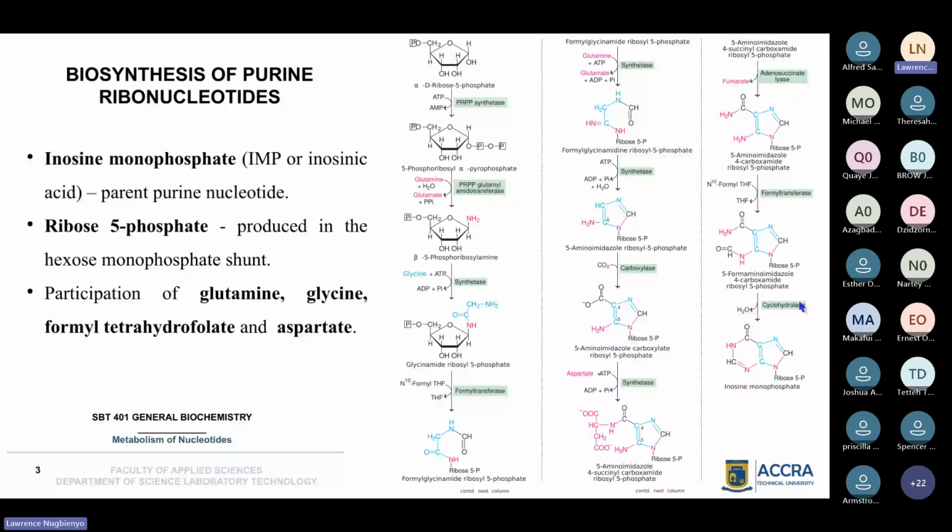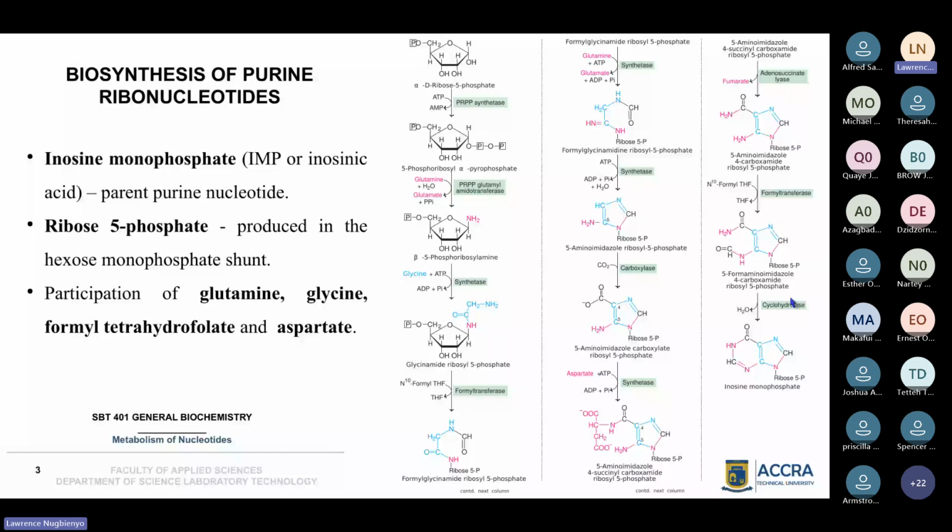For the reactions themselves, those of you who don't have so much difficulty can just look at the colors of the names of these compounds that are participating in the synthesis and correspond to the parts of the ring that are formed with those colors, and tell that this component is coming from glycine, this component is coming from glutamine, this component is coming from aspartic acid, this other one is coming from tetrahydrofolate.